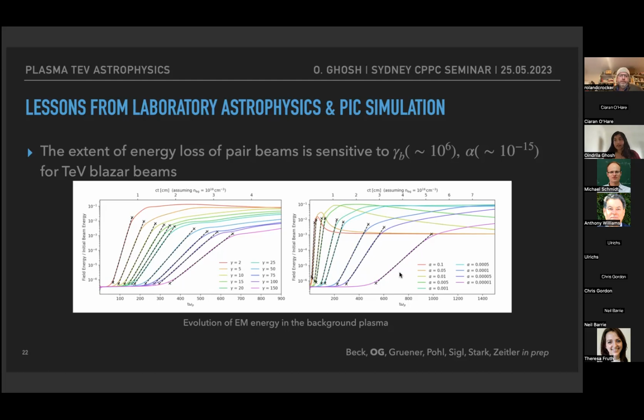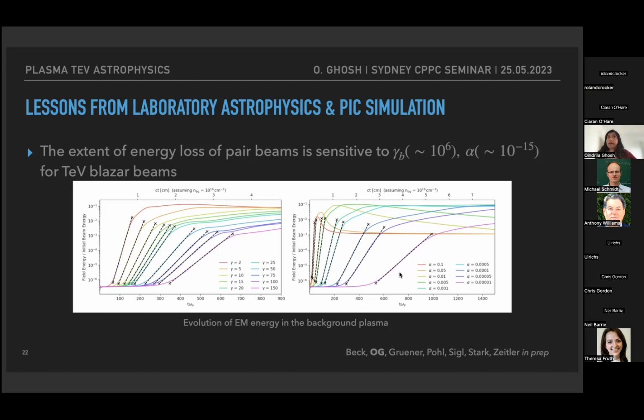Thanks. Essentially, if you want to explain the total energy budget, meaning account for all of the energy that is lost, instabilities alone cannot be the answer.